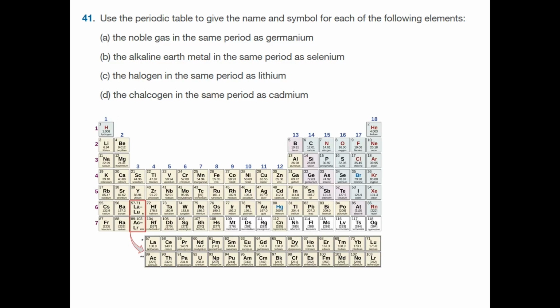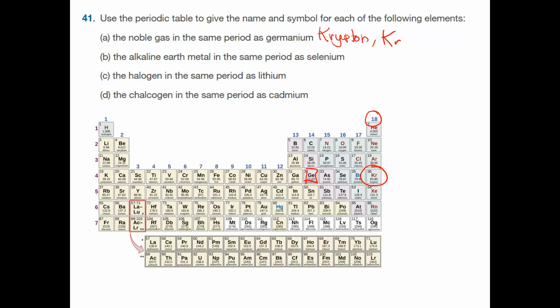So it says the noble gas, so that means we're in group 8A, in the same period as germanium. So here's germanium. So what we're interested in is this guy here. So symbol and name. So the name is krypton, and the symbol is uppercase Kr.